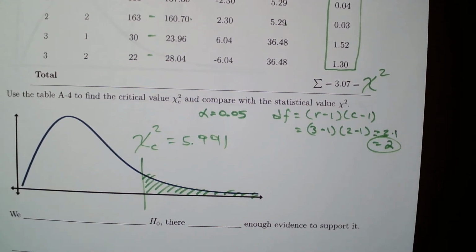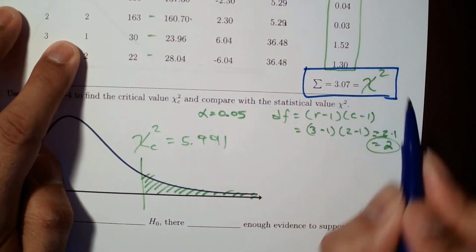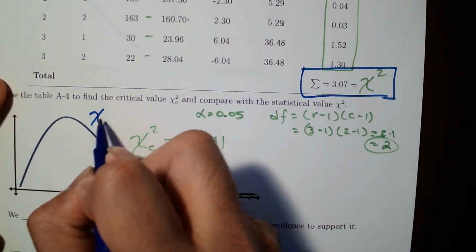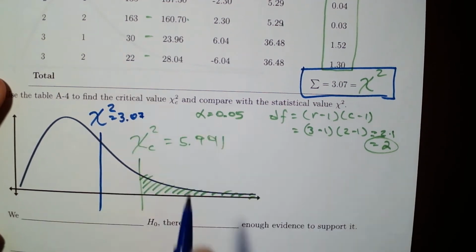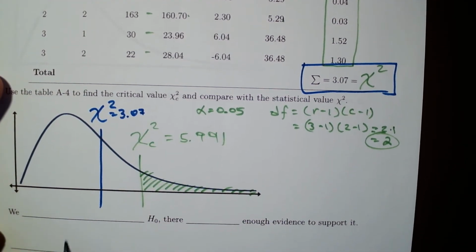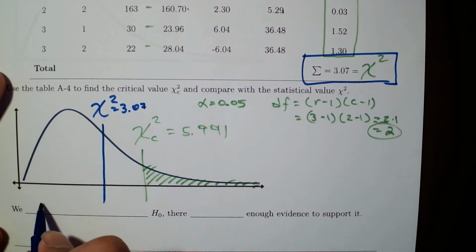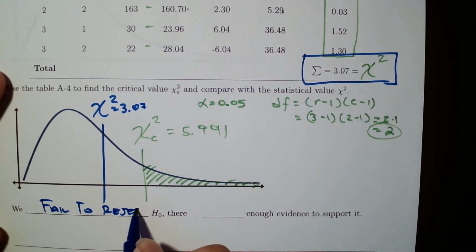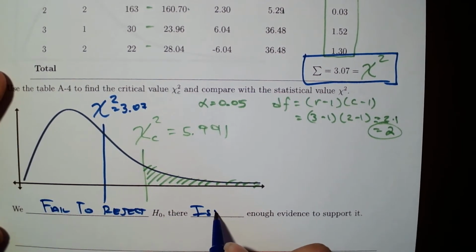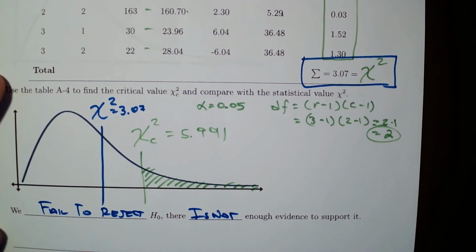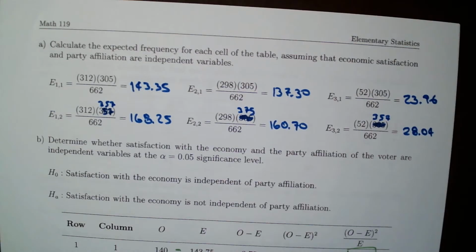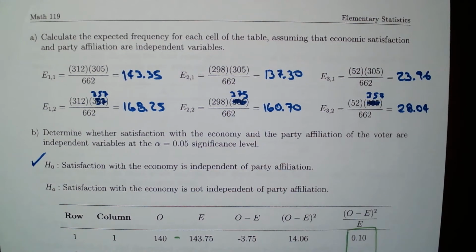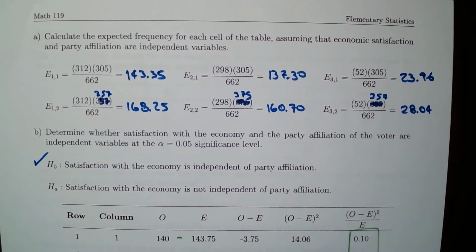Well, the statistic value is 3.07. 3.07 is a number slightly less than 5.991, which falls in the unshaded region. So for this reason, we fail to reject the null hypothesis. There is not enough evidence to support the claim. So in this case, the whole wins. So satisfaction with economy is independent. It doesn't have anything to do with party affiliation.